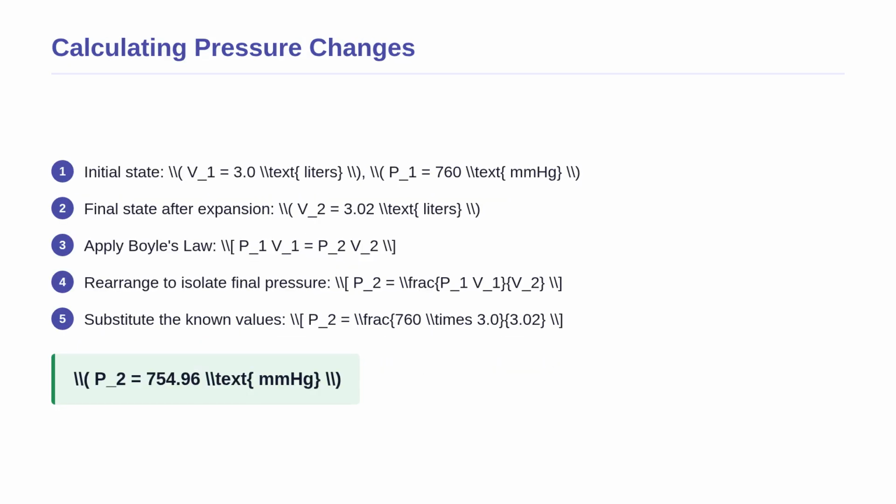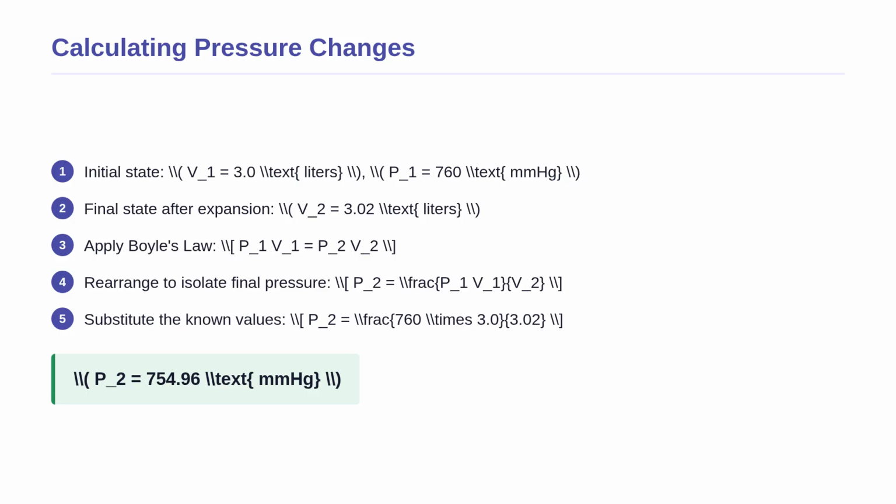Before we move on, let us see this with a concrete example. Imagine a person's lungs have an initial resting volume of 3.0 liters. The initial alveolar pressure is exactly equal to the atmospheric pressure at sea level, which is 760 millimeters of mercury. When the diaphragm contracts, the lung volume expands to 3.02 liters. We want to find the new alveolar pressure.